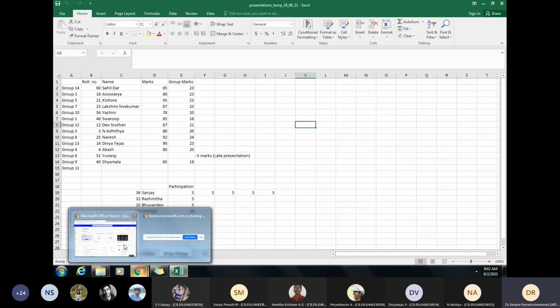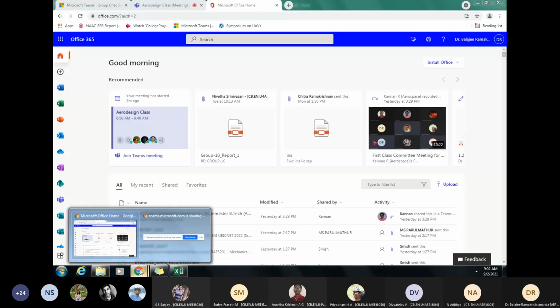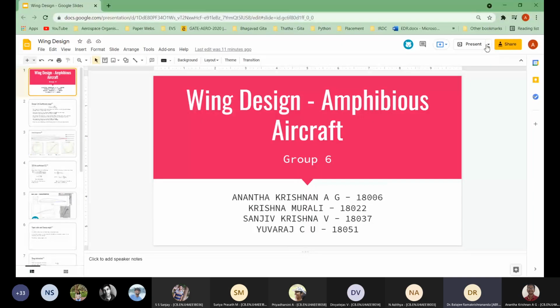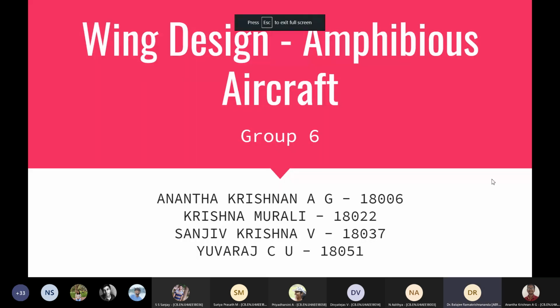Yes, sir. We can start. So this is Yuvraj from Group 6. I'm here to present our work towards the wing design for the amphibious aircraft.